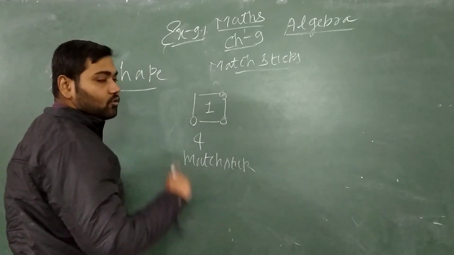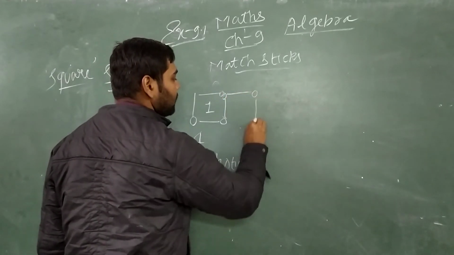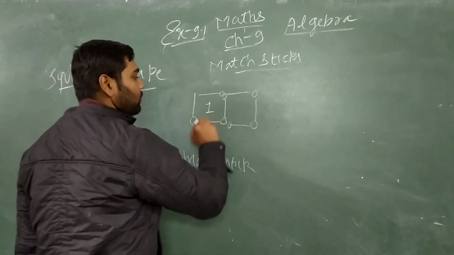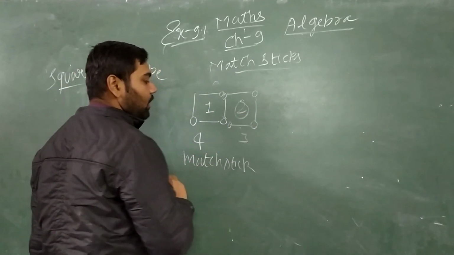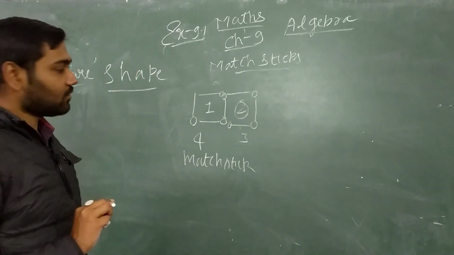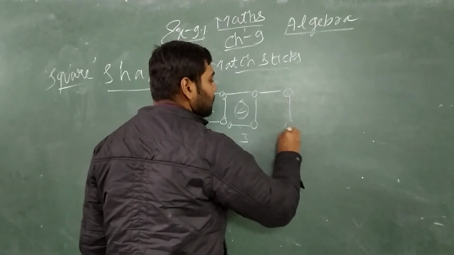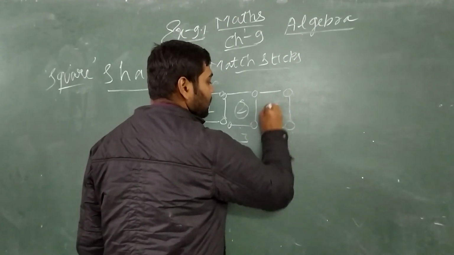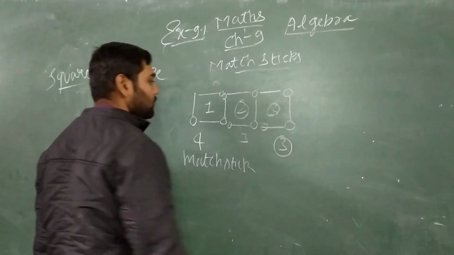If we need to make 2, then we make it like this, 1, 2, 3. Now only 3 matchsticks are needed. Again, if we make one more, again 3 matchsticks are needed.